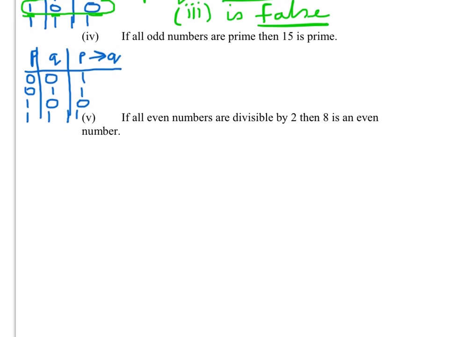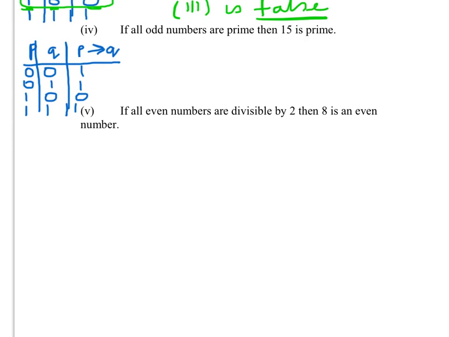Now let me move up the page and do the same for part 4. Again, if I call all odd numbers are prime, proposition P, and I call 15 is prime, proposition Q. Well, all odd numbers are prime is a false statement. And again, just think 15 is an odd number, but it isn't prime. And the statement 15 is prime is also false.